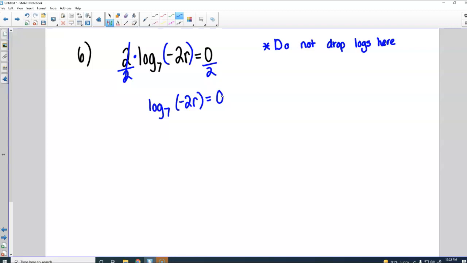Would you put it to the exponent of 7 and then do the other side to get 1? Perfect. So the base raised to that exponent is the opposite of your log. So if you need to get rid of a log that's just on one side, you're just going to raise it to that power. So that will get rid of the log on this side, so we'll have negative 2r. And then over here, we'll have 7 to the 0 power, which is 1.